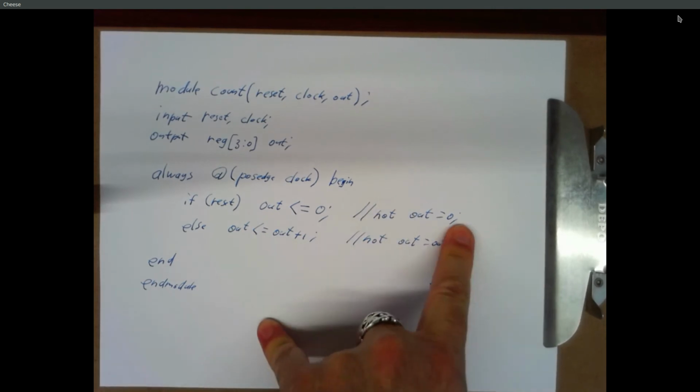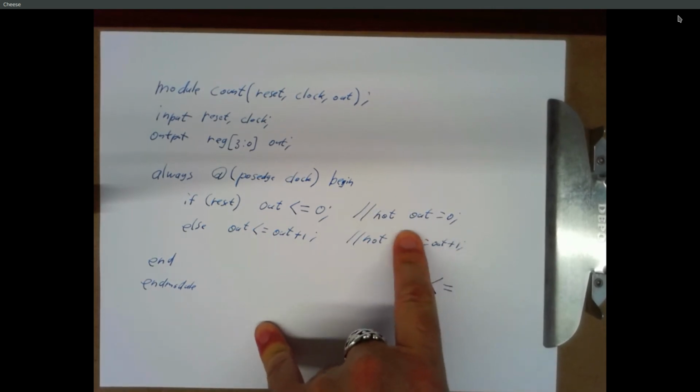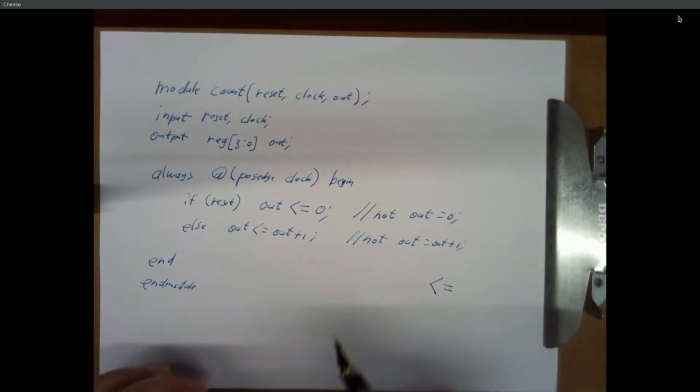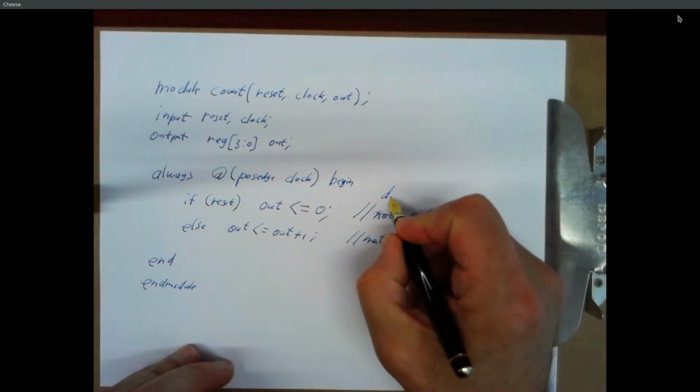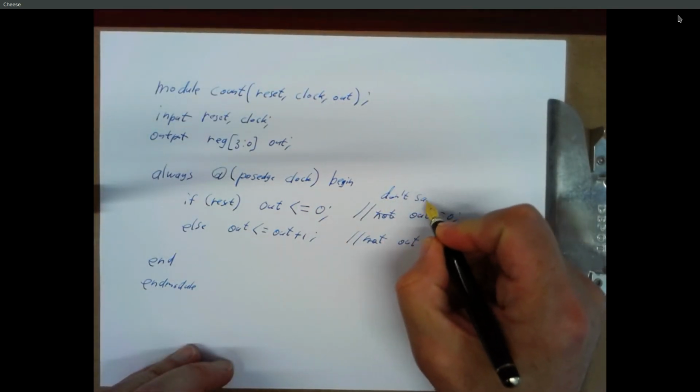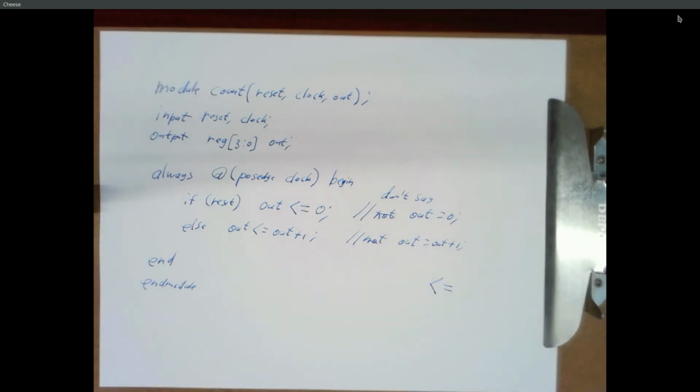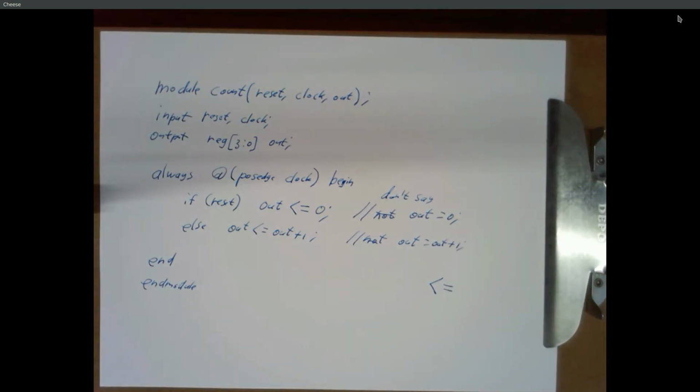Don't write out equals 0. Maybe I should not use the word "not," because that's a logical thing. Oh, okay. Don't say out equals 0. Yeah. I'll tell you more truthfully what that means in a few minutes.